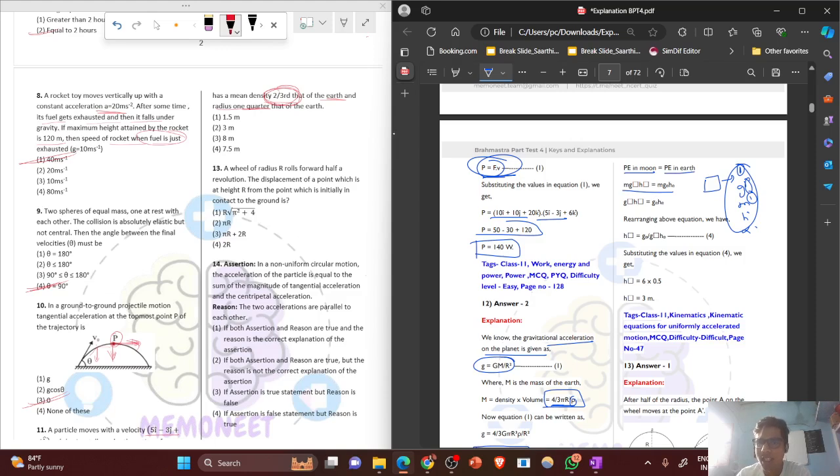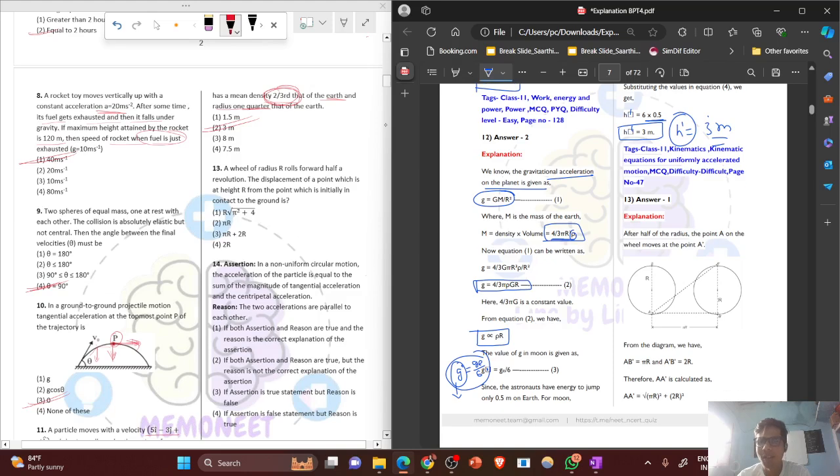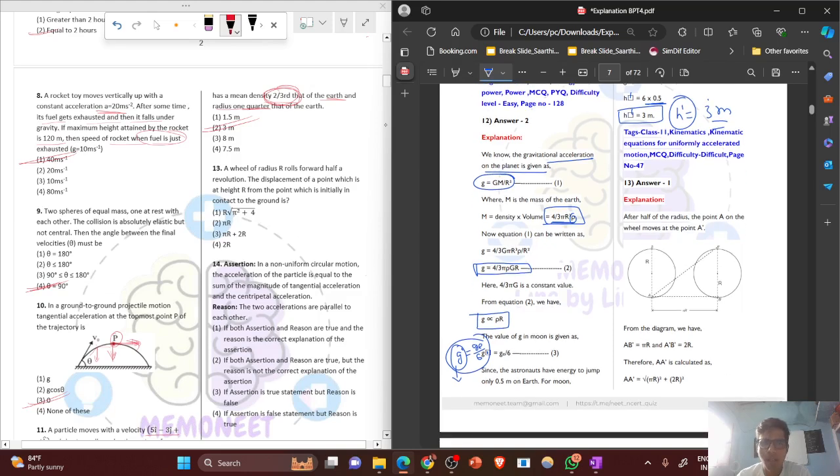Putting g dash h dash equals g h, using the relation you get h dash equals 6 into 0.5, which equals 3 meters. So h dash is the vertical jump that the astronaut can make on the moon. So h dash will come out to be 3 meters. So the correct answer will be option number second. Don't get confused, the box is just representing the dash at the top of the thing, not an inverted comma.